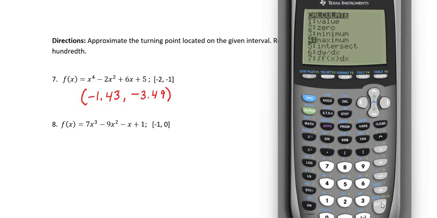Be sure that's highlighted and then press enter. The calculator is asking me for the left bound, so I'm going to arrow over, press enter, then go to the right of my maximum value, press enter. It's asking me to guess, press enter one more time, and there's my turning point.